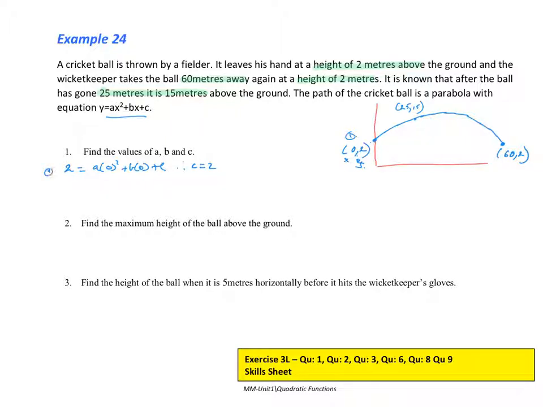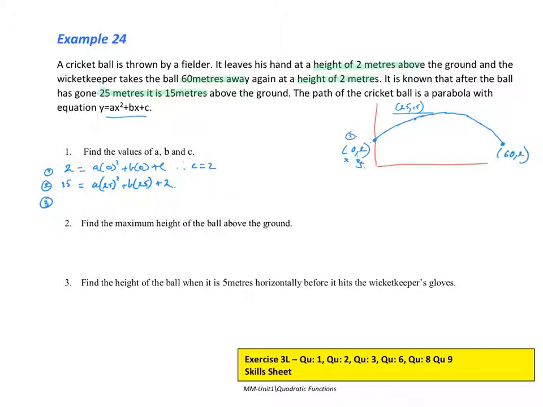That makes working these other ones out a little bit easier. Equation 2, I've got 15 at 25. So 15 is equal to a times 25 squared plus b times 25 plus 2, because c is 2.